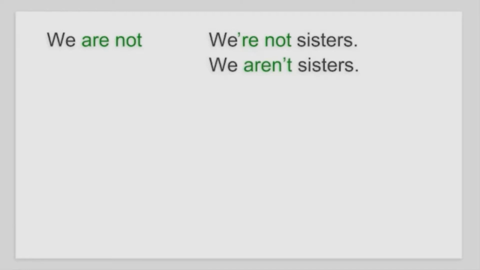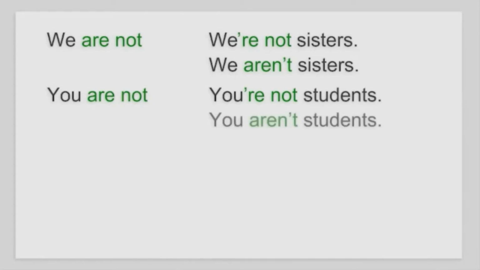We are not becomes we're not, or we aren't. We're not sisters. We aren't sisters. You are not becomes you're not, or you aren't. You're not students. You aren't students.